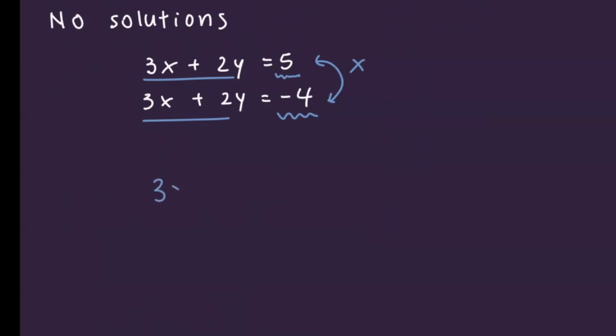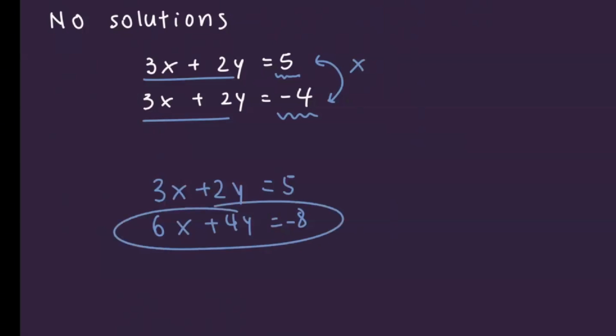But if you look at this one, it will also have no solutions because this equation is the same as this one, except it is multiplied by 2. And this is still the contradictory equation we had before.